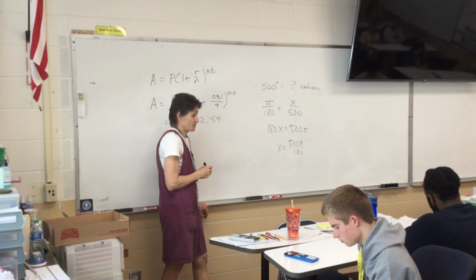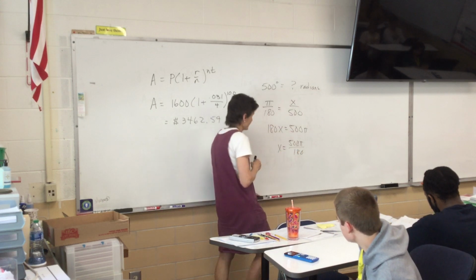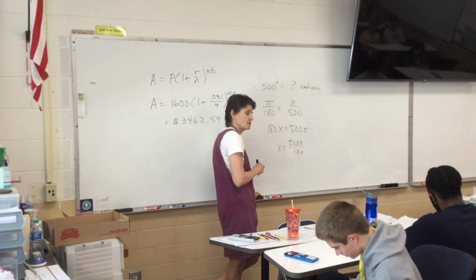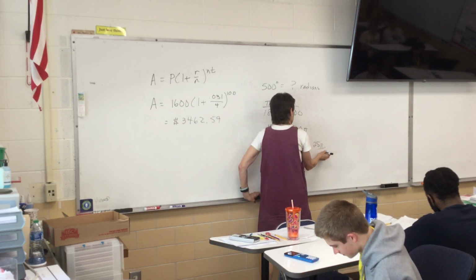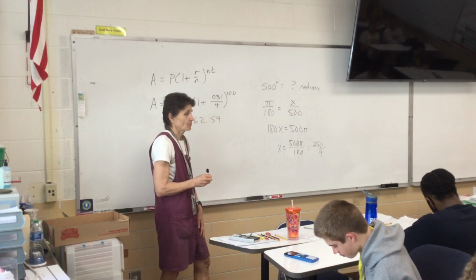And then we reduce. Zeros almost always have an extra zero to get rid of. And we have 50 over 18, which is 25 over 9. Yep, that would be your final answer after you've reduced.